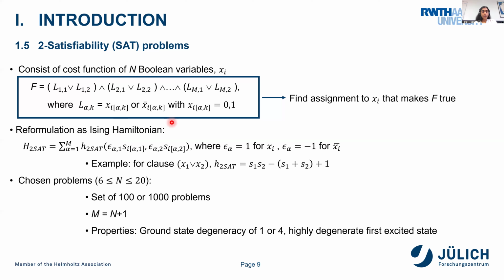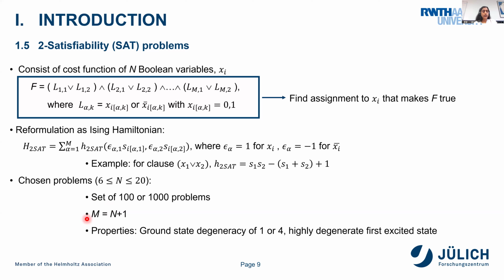In order to use quantum annealing to solve these problems, we need to reformulate them into an Ising Hamiltonian. For this, we have a mapping function, which maps each clause of our problem onto some Hamiltonian. The set of problems that we work with vary in size from 6 to 20 variables, where each set has either 100 or 1,000 problems.